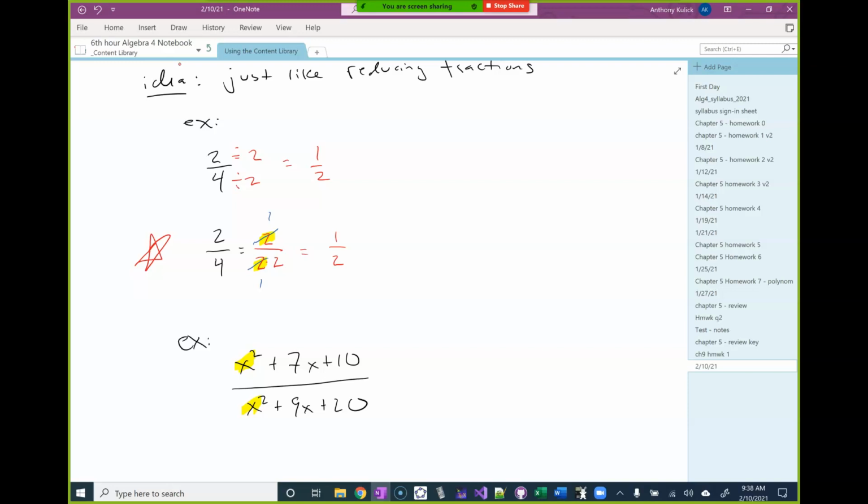This is really a chapter 4 factoring problem. What two things multiply to give me 10 and add to give me 7? 5 and 2. So we can write that as x plus 5 times x plus 2. How does the denominator factor? 5 and 4. So I'll have x plus 5 and x plus 4.